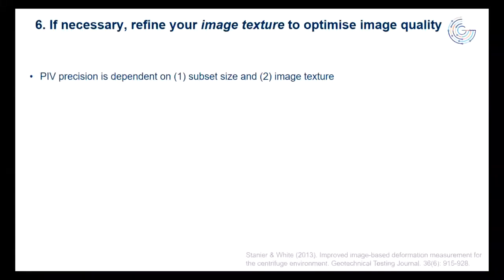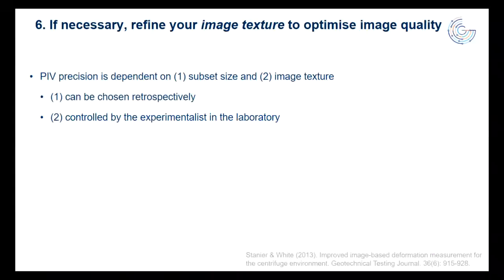So if necessary, you probably want to refine your image texture to optimize the image quality. It's dependent on 2 things: subset size, which I've already mentioned, and also the inherent image texture. We can fiddle with one, the subset size, retrospectively, but the second one is entrained in our images. Once we've got the images, there's not much we can do to influence the image texture.